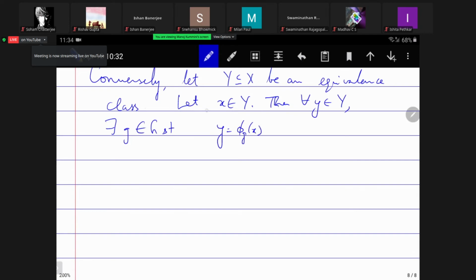That is because x is related to y, so this is what it means. This implies now that y is in the orbit of x. And again, we just have to check for one element.